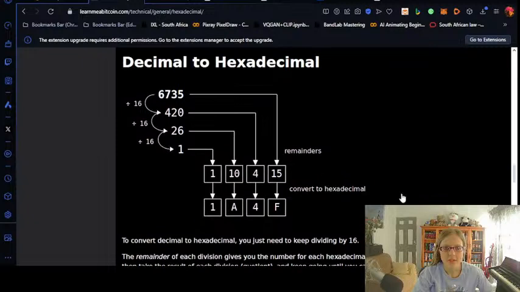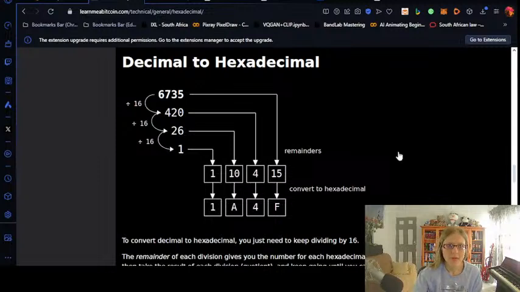We're going to look at converting a decimal to a hexadecimal. So for example, we have our normal number here, 6,735. And what we have to do, remember we're working with a base 16 number, is divide it by 16. And we're going to keep dividing it by 16 until 16 can't go into that number anymore. On this note, I'm going to remind you of the modulo operator that we learned about.